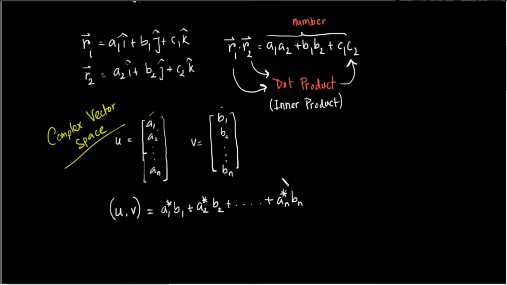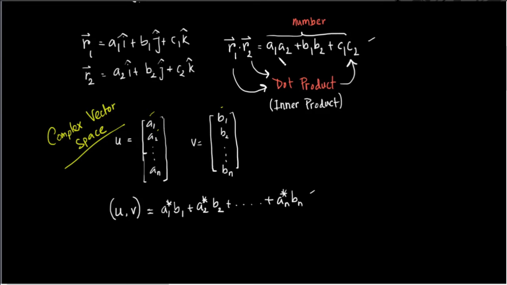If we compare with our original definition of the dot product or inner product, for moving to complex numbers what we have to do is take the complex conjugate of the first number in our inner product.